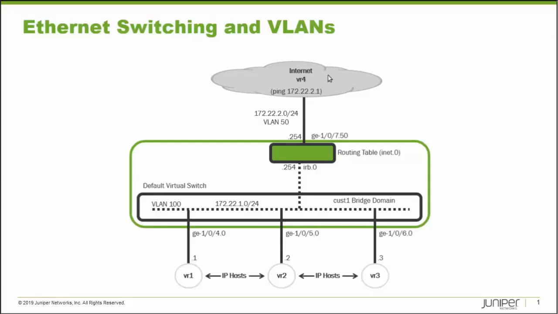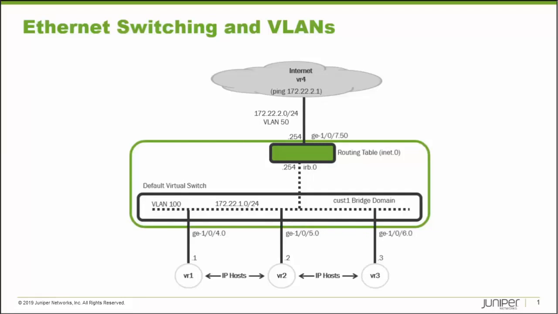The internet we're going to implement as another logical system, VR4, on the same device. But for the purposes of demonstrating the concepts of IRB interfaces, this is absolutely fine. So we're going to be implementing layer 2 bridging for these hosts and then routing for these hosts out to the internet via an IRB interface.